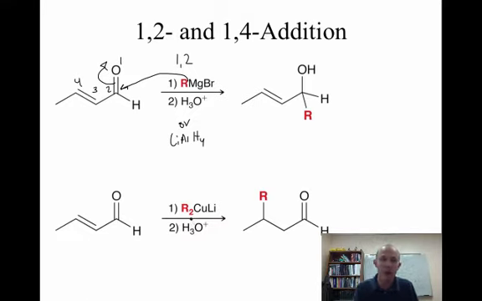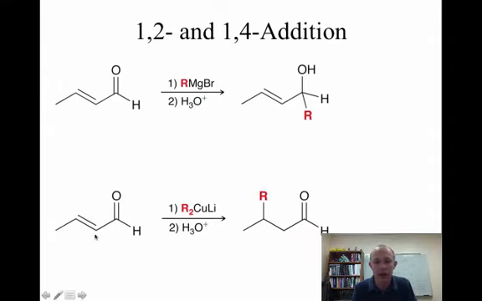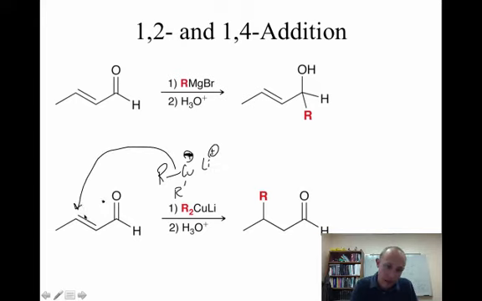Cuprates undergo a 1,4 addition. It's harder to see, right, because what it looks like is that we added across 3 and 4. But what happens is you have your R group that adds here, this double bond moves over, and this double bond moves over.